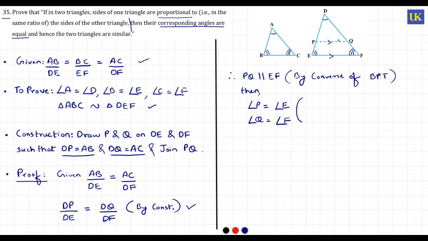So we know that if two lines are parallel and there is a transversal, then this angle will be equal to this angle, and this angle will be equal to this angle. This concept is called corresponding angles. With this concept, we can say that both these angles are equal to each other.